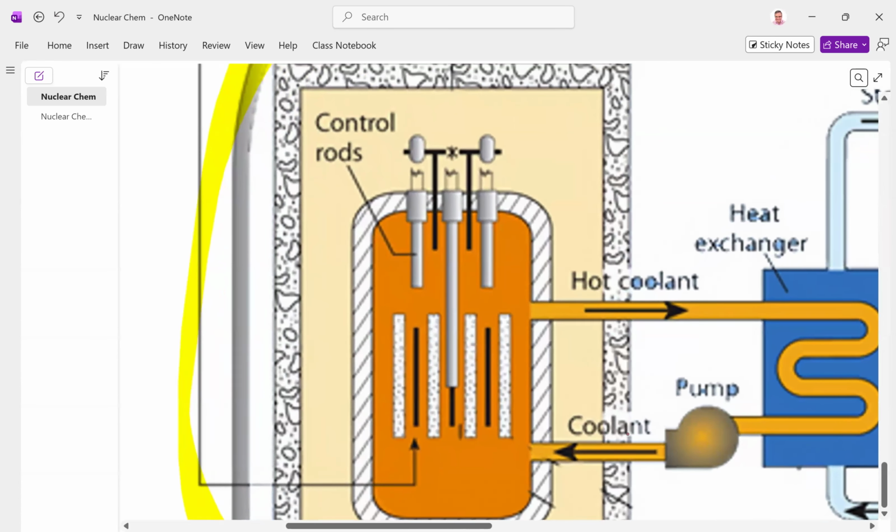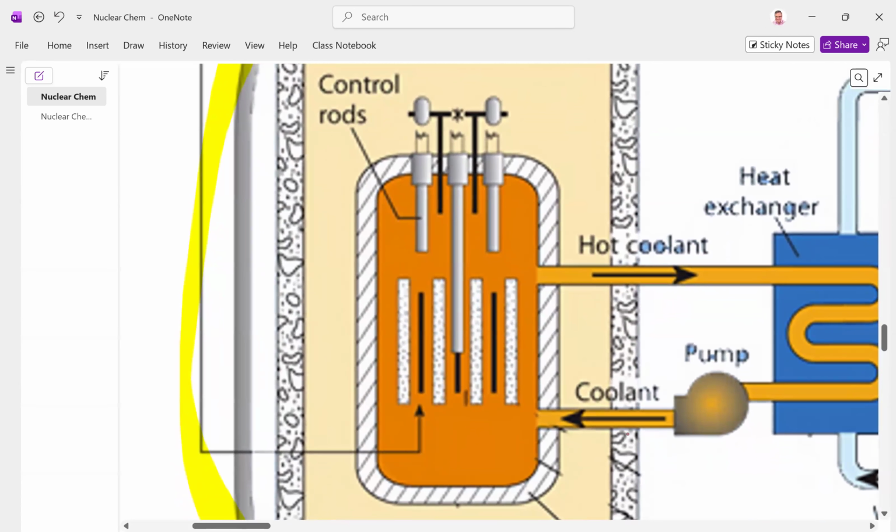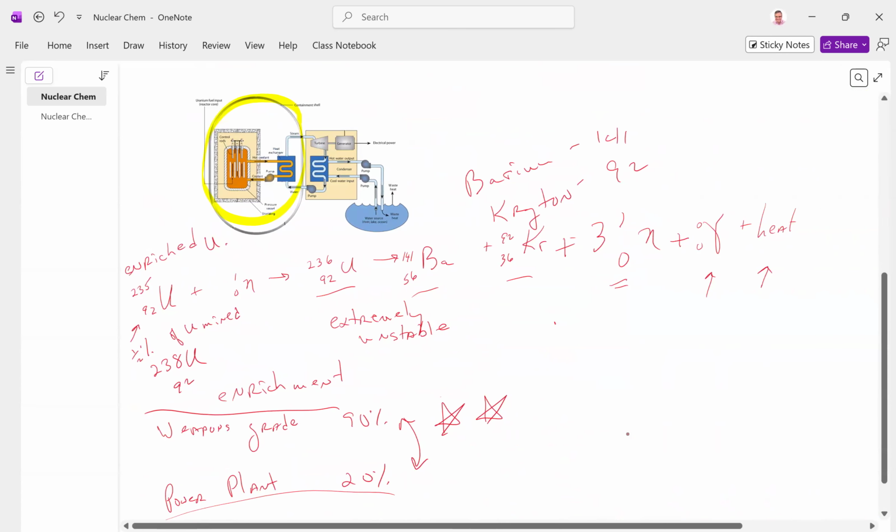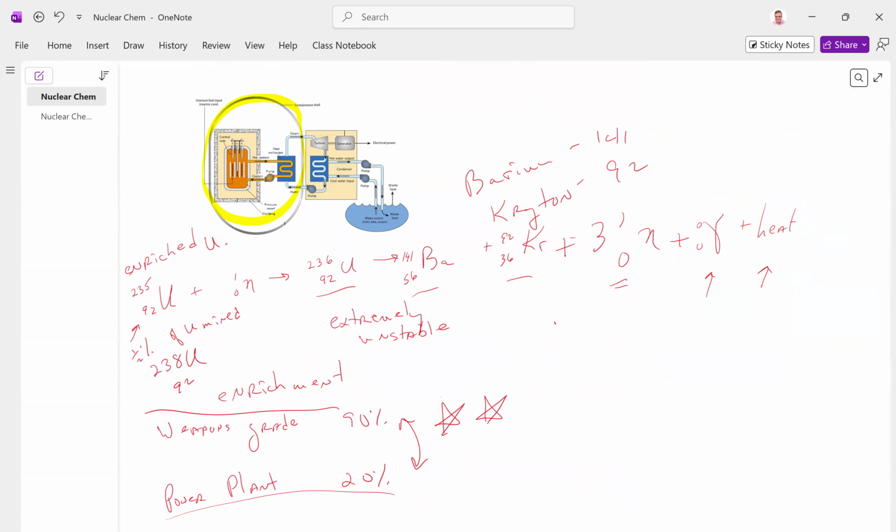The problem with this reaction is it's extremely dangerous because of control.